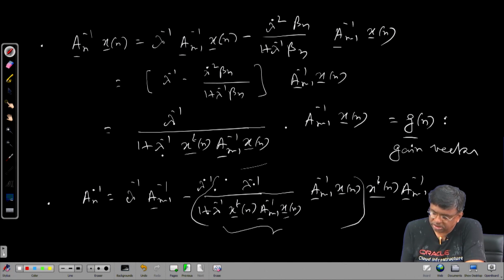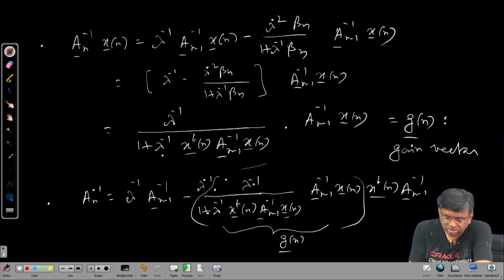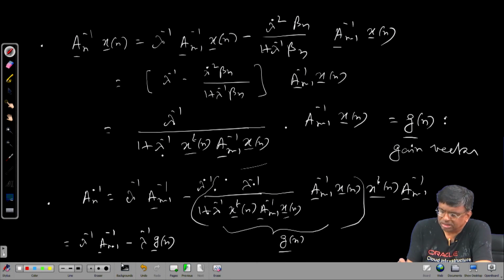This is nothing but my G n. Look at G n, lambda inverse, 1 plus lambda inverse and all these things, A n minus 1 inverse x, this is G n. So, that means this is another interesting result: lambda inverse, G n and this thing.